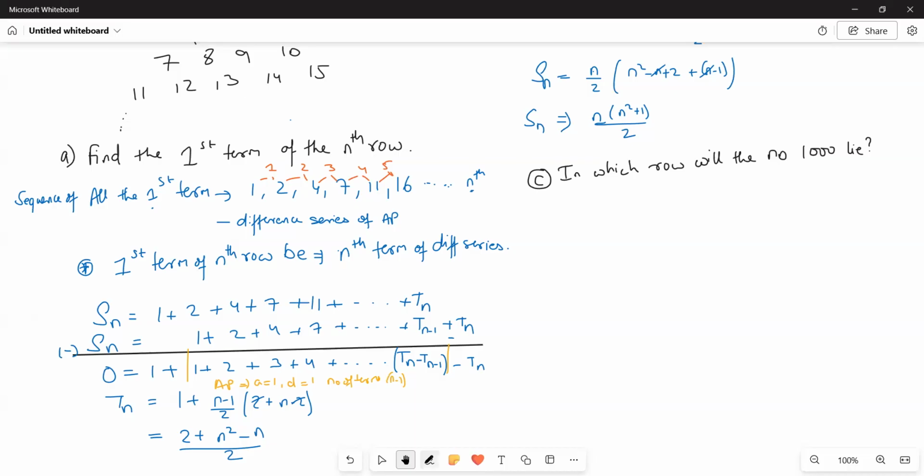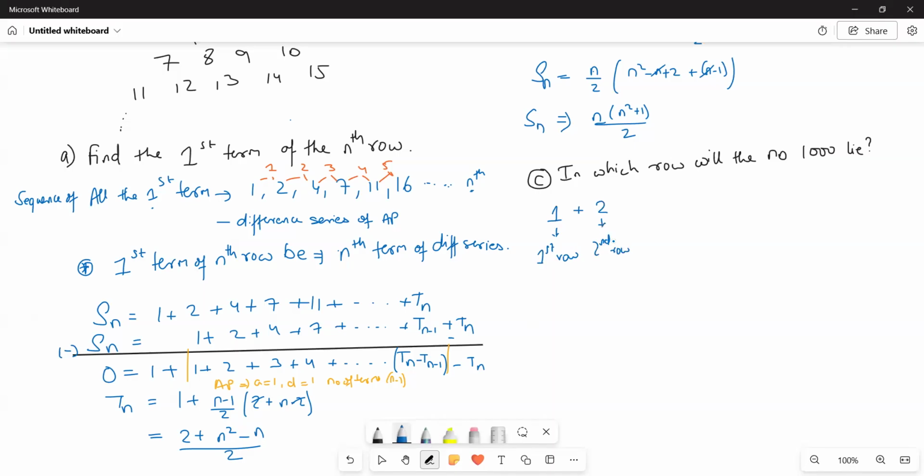Okay, so the logic of doing this is we do it in this form. In the first row, we have one term. In the second row, we have two terms.